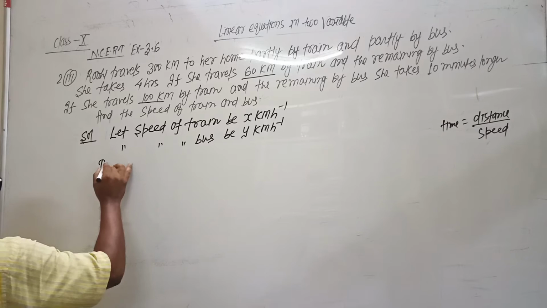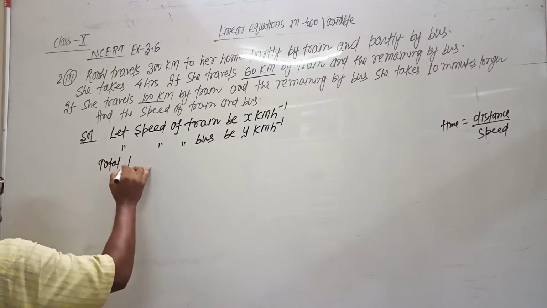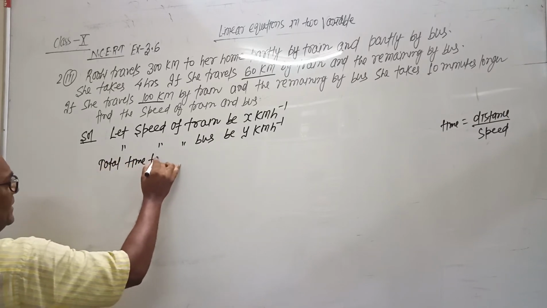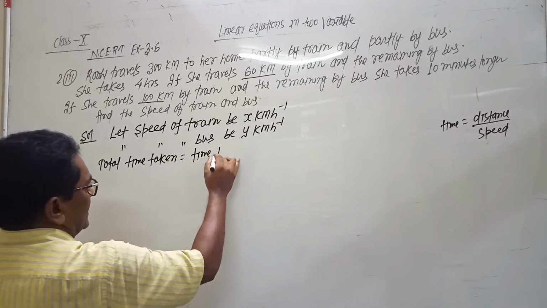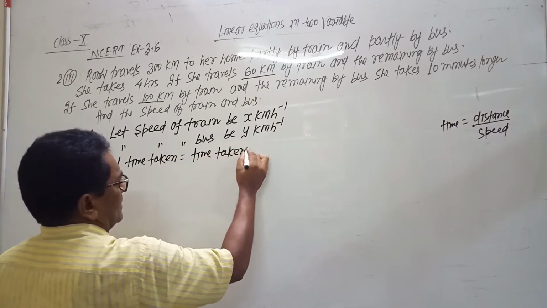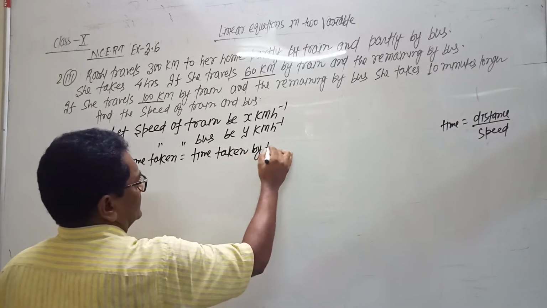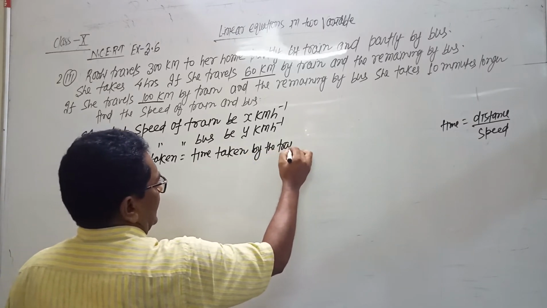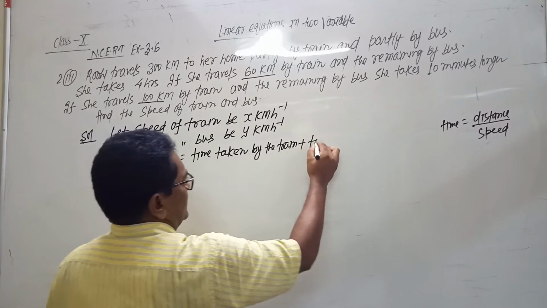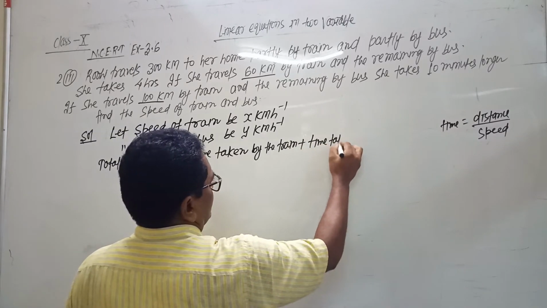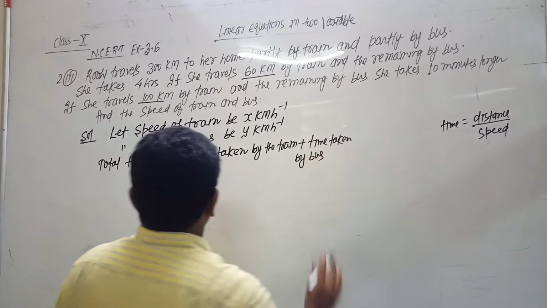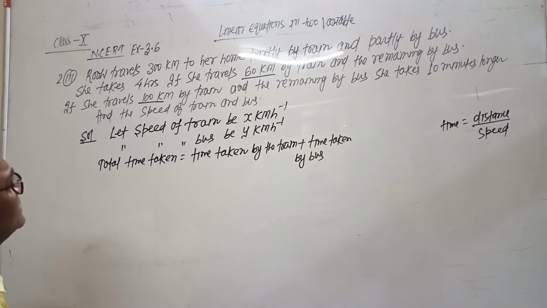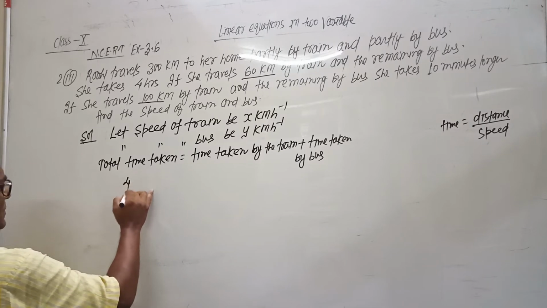So the total time taken in the first case is equal to the time taken by the train plus the time taken by the bus. The total time is given, which is 4 hours.